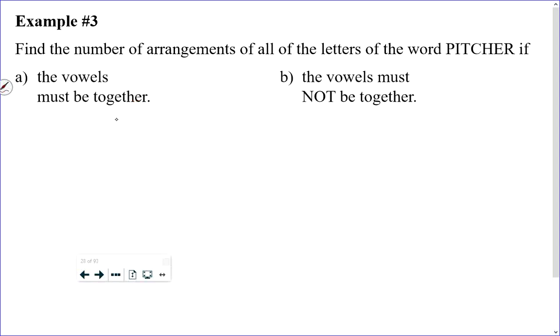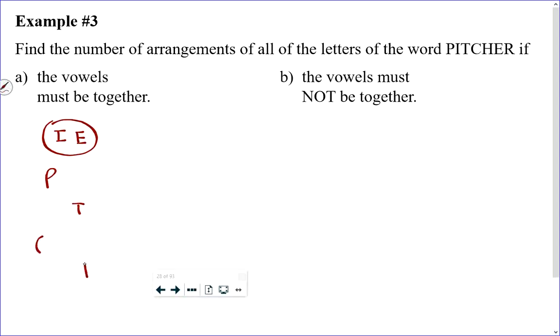How many arrangements of all of the letters of the word pitcher if the vowels must be together? Well, this is Joan and Emily, but it's just leading up to something else. The I and the E must be together. We also have a P, a T, a C, an H, and an R. P-I-T-C-H-E-R.